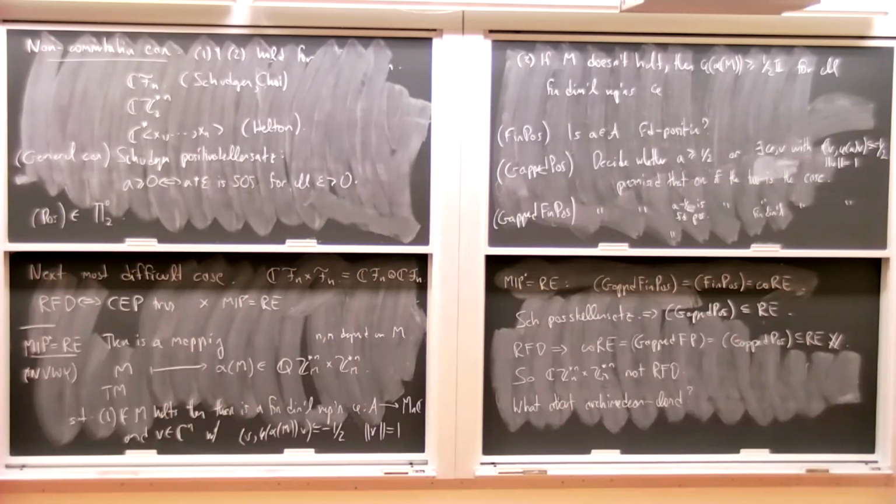Because if it was, we'd have a way of putting this inside of RE. We'd be able to prove when things are positive if every positive element had a sum of squares. But we can't have co-RE inside of RE, so not possible. So it's kind of a roundabout way of showing that there are things that are positive but not sums of squares.